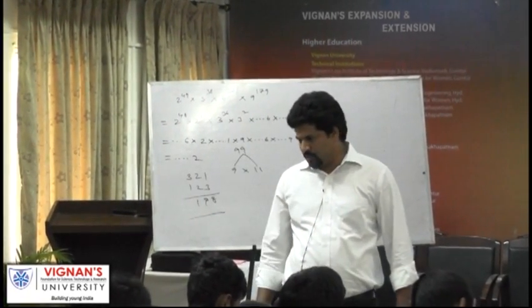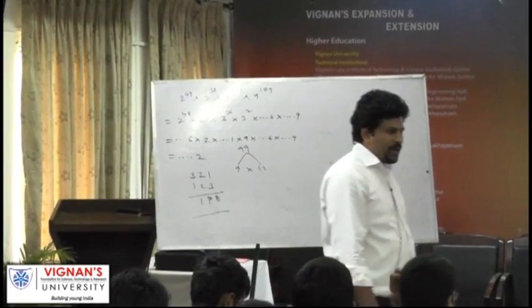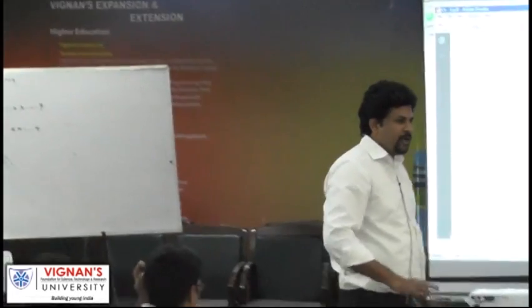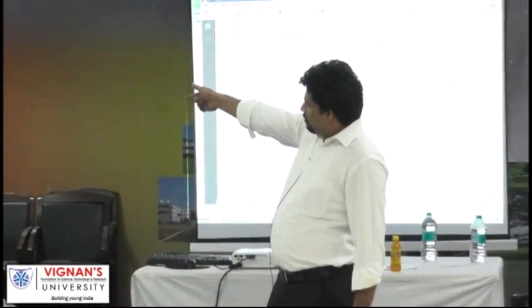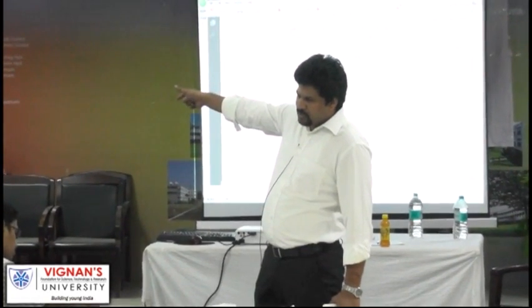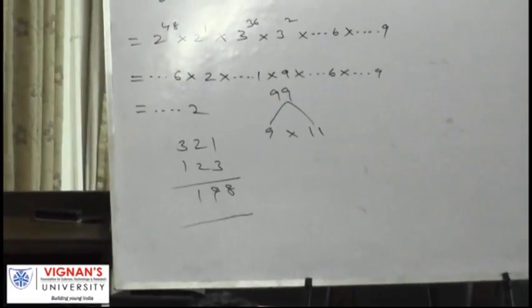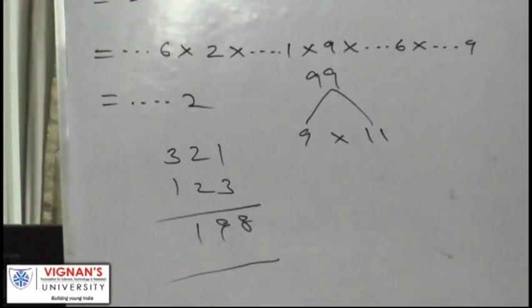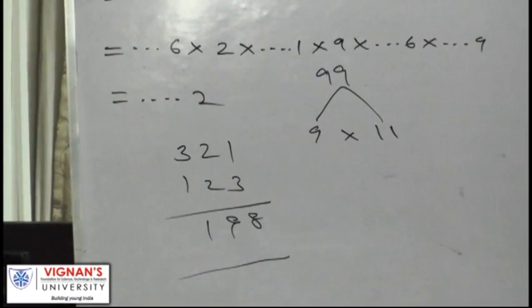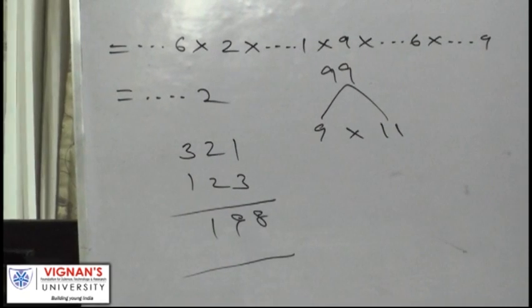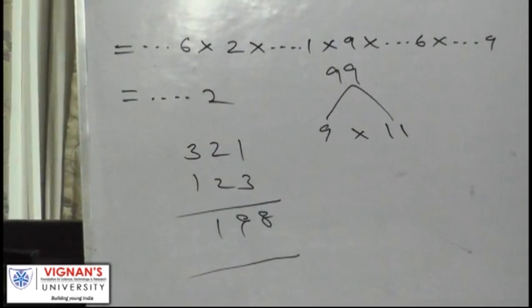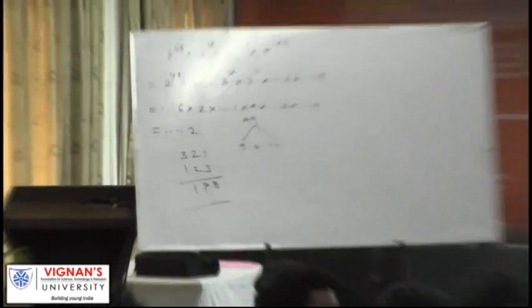If any number is divisible by 9 and 11, that number should be divisible by 99. So the 3-digit number and the number formed by reversing its digits, the difference of these two is always divisible by 9, 11 and 99. Because if a number is divisible by 9 and 11, it is obviously divisible by 99. So your answer is all 3.